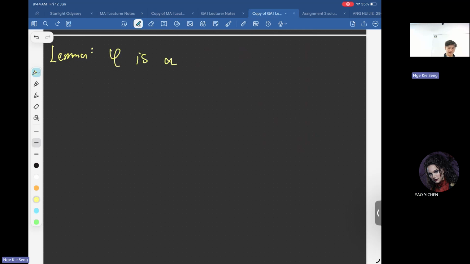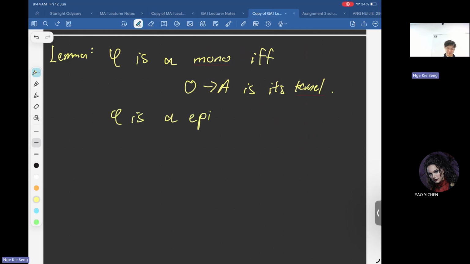Phi is a monomorphism if and only if 0 to A is the kernel. And phi is an epimorphism if and only if B to 0 is the cokernel.